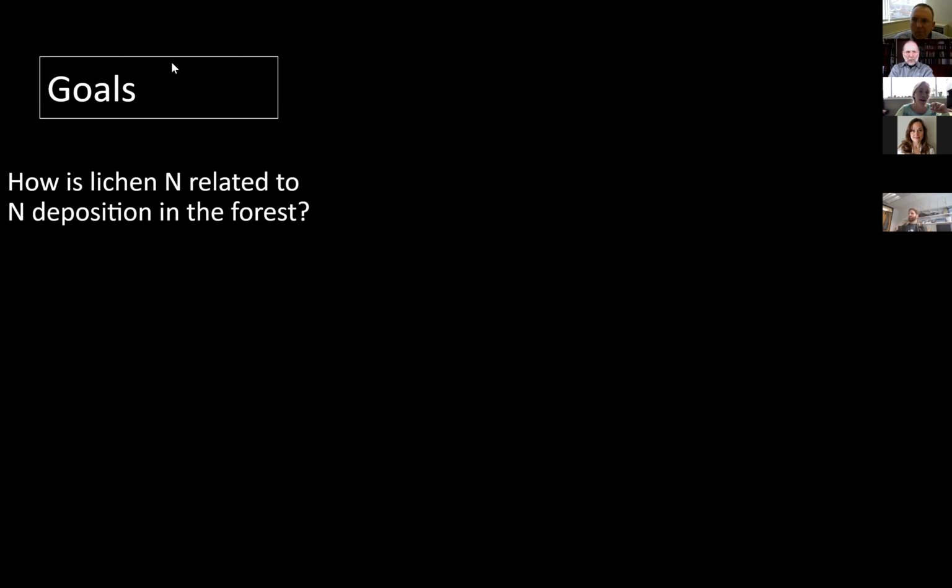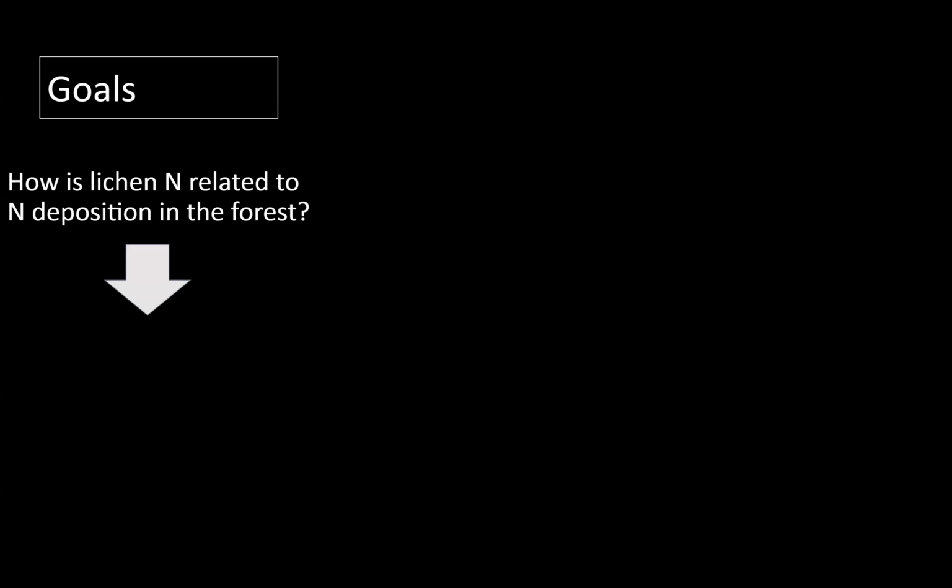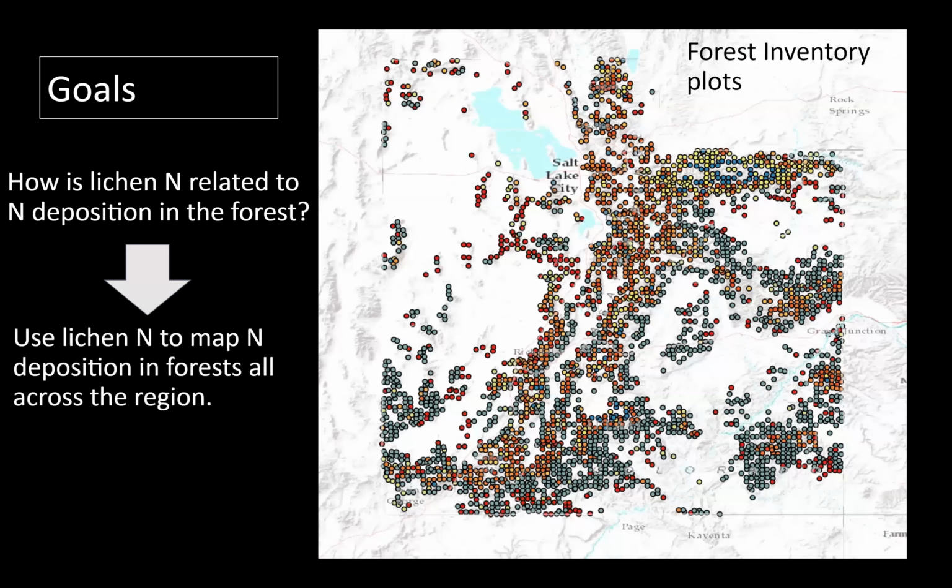Okay, so what were my goals? I wanted to look at how lichen nitrogen and deposition were related in the forests in Utah. And then ultimately, I want to use that to make a map of nitrogen deposition in all the forests in Utah. So these are forest inventory plots that the Forest Service goes and measures regularly all across the state of Utah.